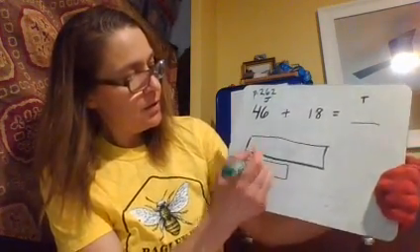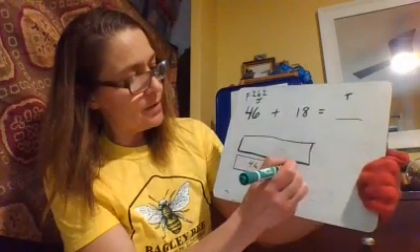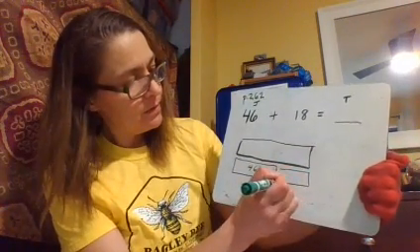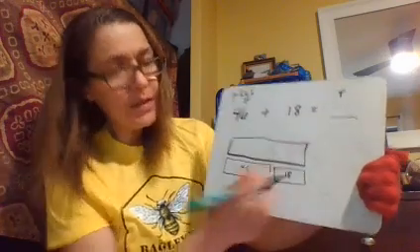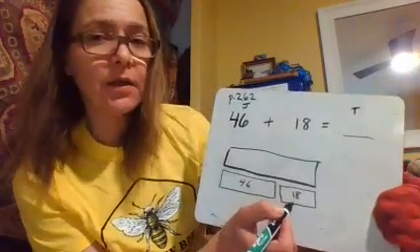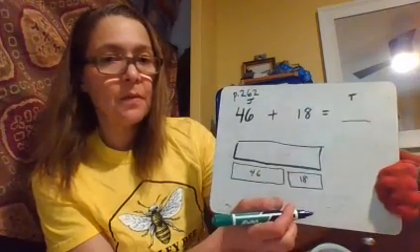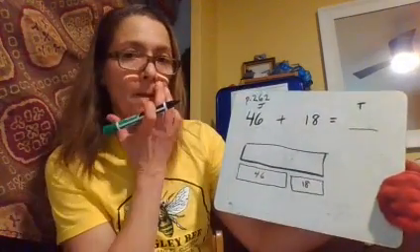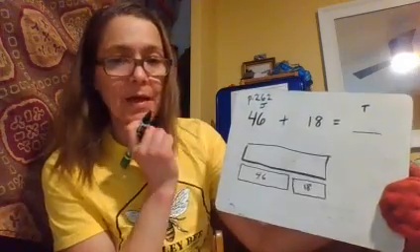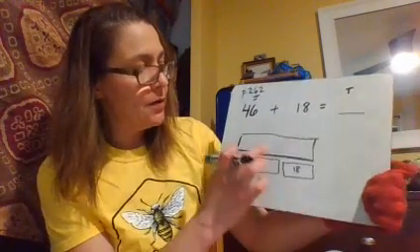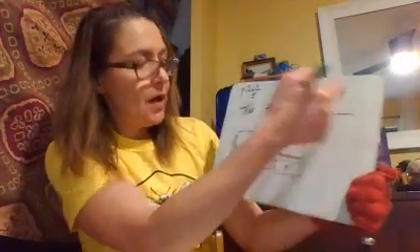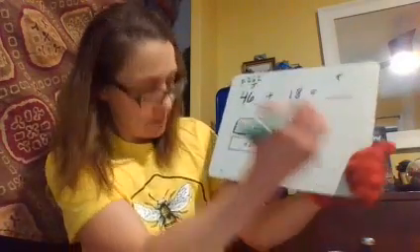And then you're going to have the other one that represents 18. And you see how my 18 is smaller because it's a smaller part than my 46. Okay, and then we add them together to get our total, which is how much Tamila has.